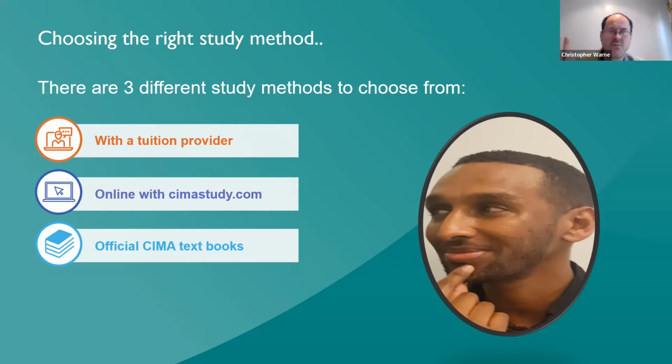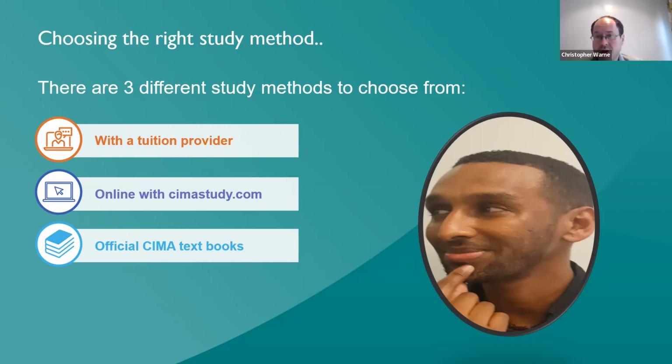How that ties in with the slide that I have up in front of me here is because you can, in theory, pass all the exams from CIMA's certificate level with a thorough understanding of the syllabus itself, and you need to get that really highlighted.